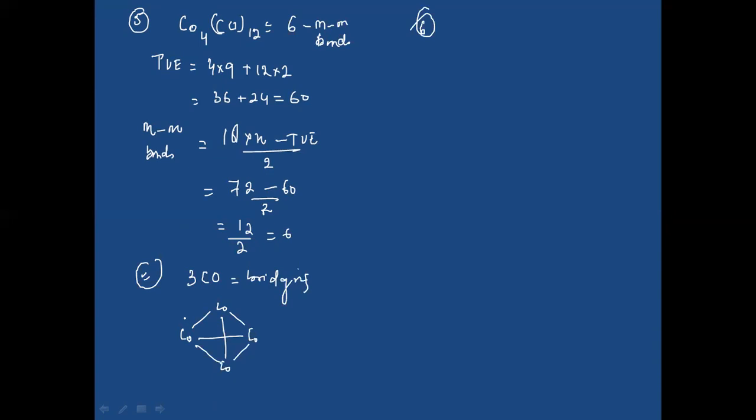Let us say there is one bridging carbonyl over here between this cobalt and this cobalt. There is one more bridging carbonyl over here between this cobalt and this cobalt. And one more bridging ligand over here between this cobalt and this cobalt. Then the rest will be terminal carbonyls.